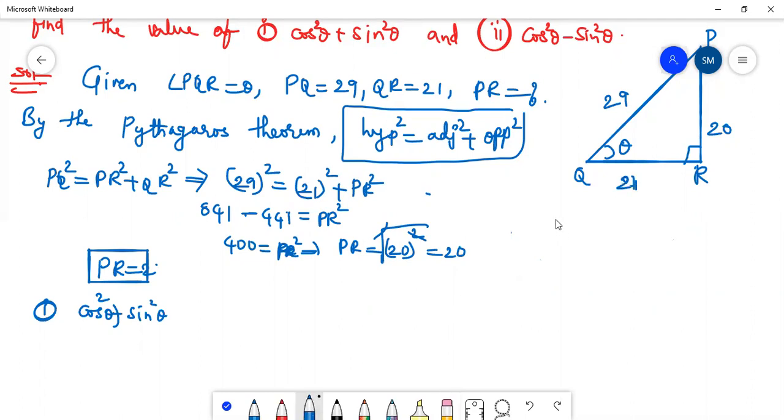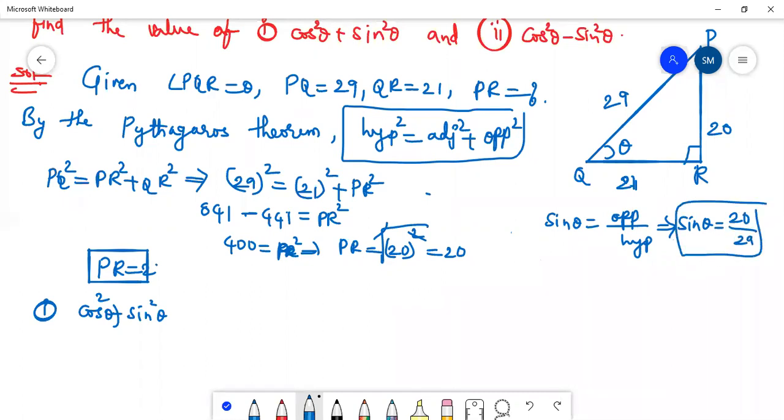The ratios are sin theta equal to opposite by hypotenuse, that is 20 by 29, and cos theta equal to adjacent by hypotenuse, that implies cos theta equal to 21 by 29.